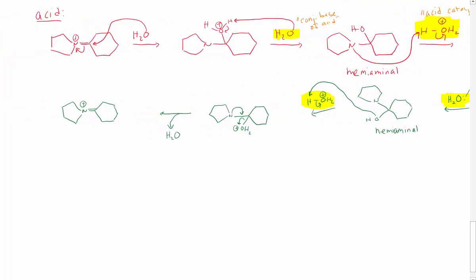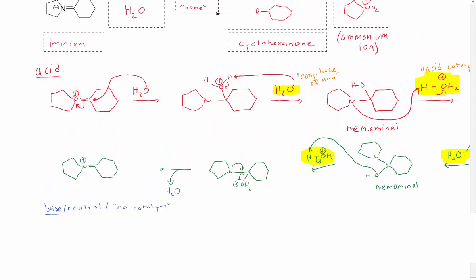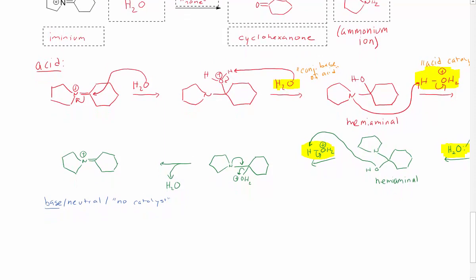And we can compare that now to conditions where we don't have a catalyst. Under conditions where we don't have a catalyst, the iminium ion is going to need to react with a hydroxide ion. So it might feel more normal to call this base conditions. Remember that since we're starting from a charged intermediate, the labeling seems a little bit strange.